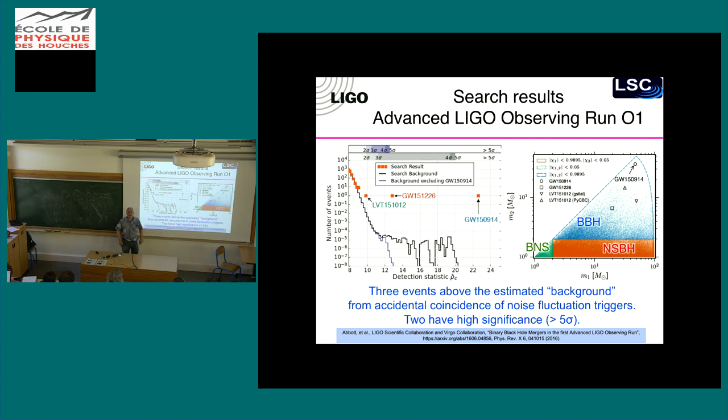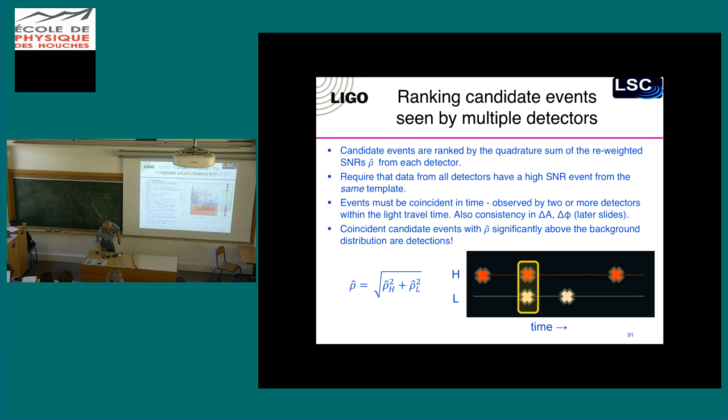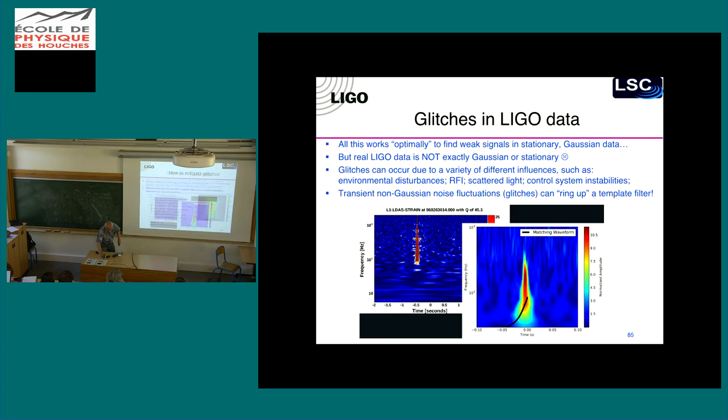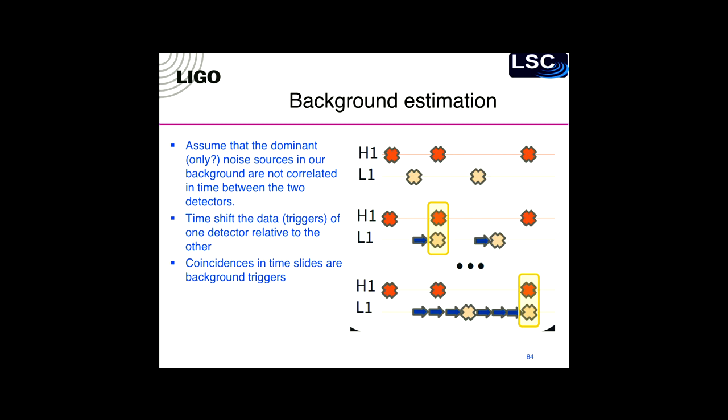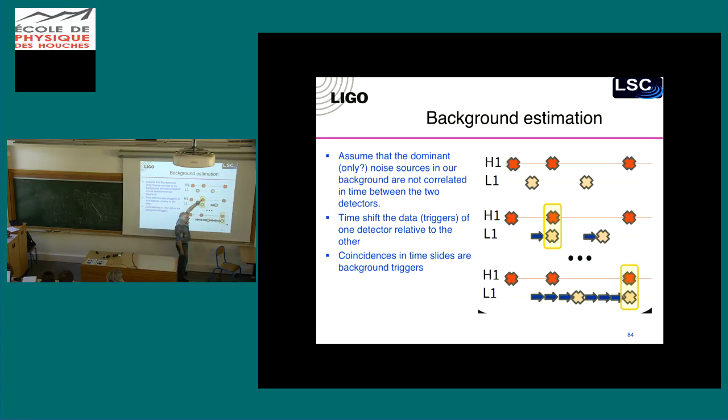What is this tail? It's not glitches. This tail is that guy, and when we estimate the background, using this method I just sort of briefly described to you, that guy is here, and now we do some time slides and something else lines up with it.